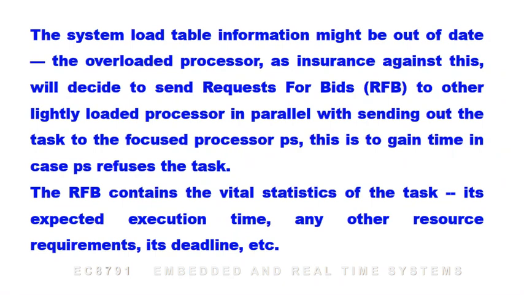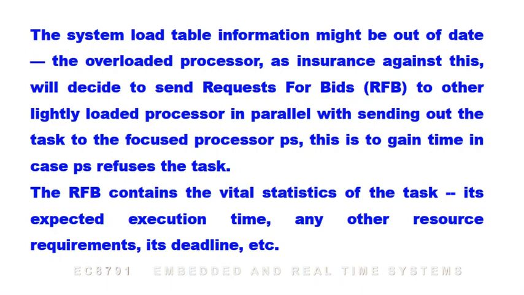The overloaded processor, as insurance against this, will decide to send requests for bids to other lightly loaded processors in parallel with sending out the task to the focused processor Ps. This is to gain time in case Ps refuses the task.